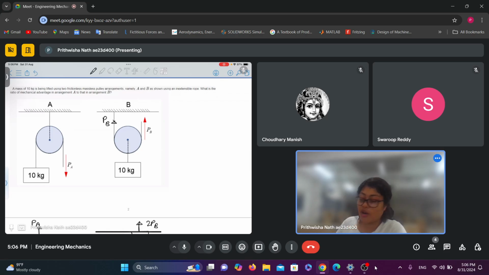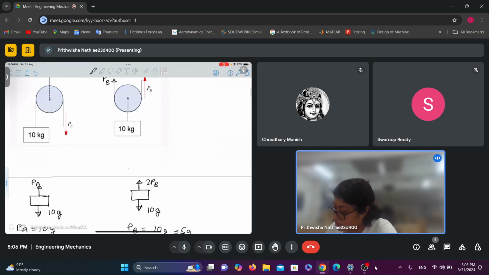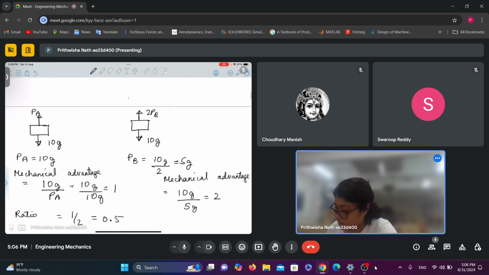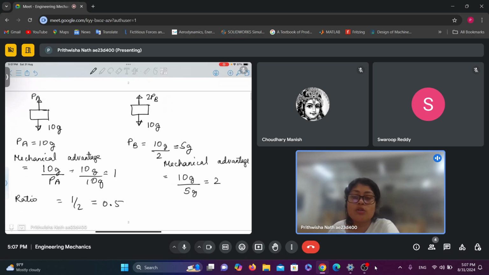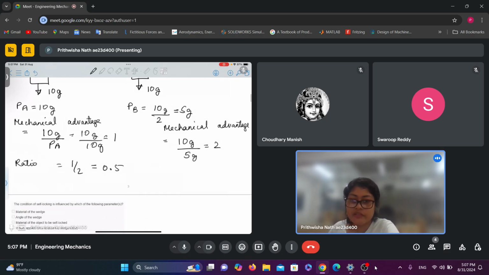So this is the first problem that we are solving. We need to find the ratio of mechanical advantage in arrangement A to that in arrangement B. So these are the free body diagrams for case A and case B. Now we found out the mechanical advantage for the first and the second case. Then we took the ratio, which is 0.5.